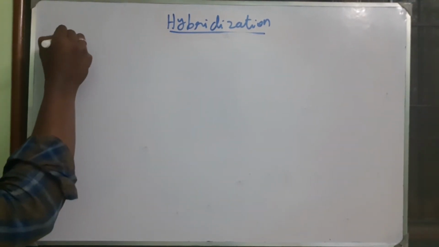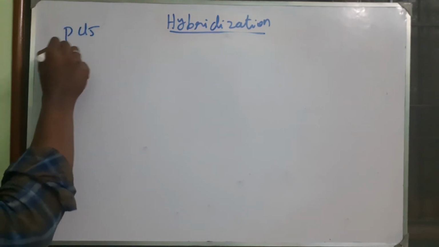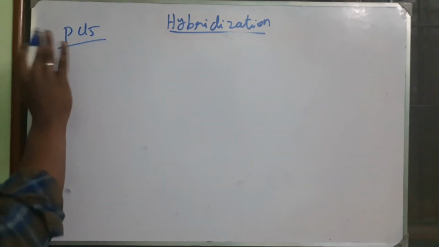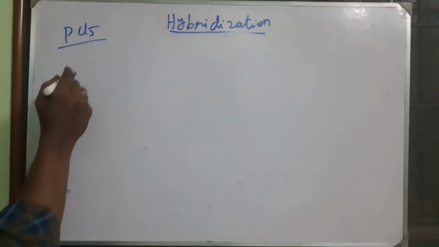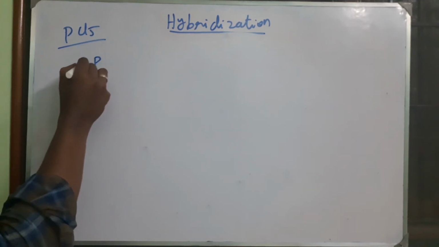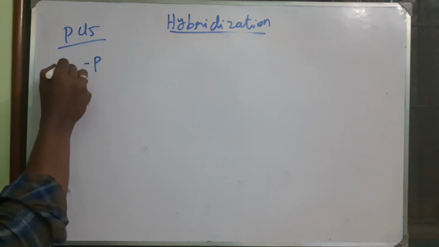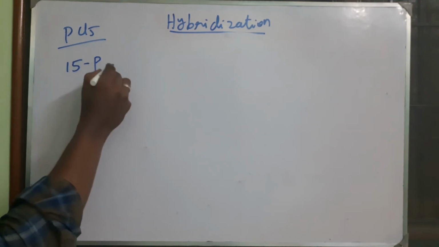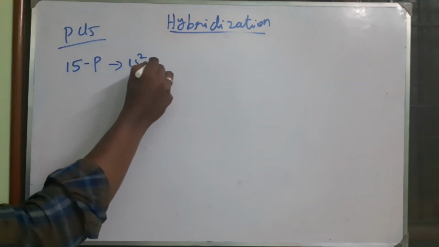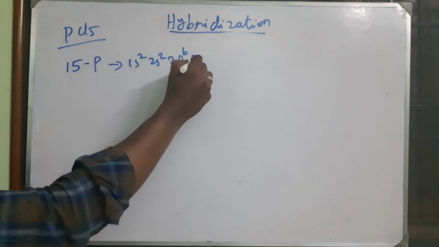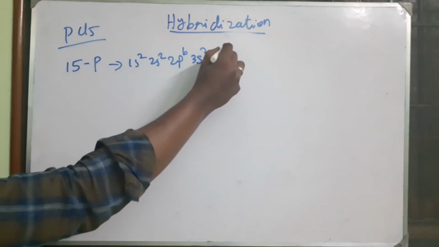First we take PCl5. First you should write the electronic configurations of all the atoms. Phosphorus atomic number is 15: 1s2, 2s2, 2p6, 3s2, 3p3.